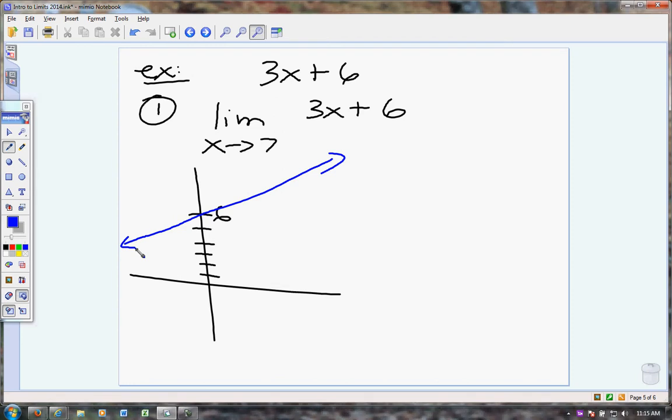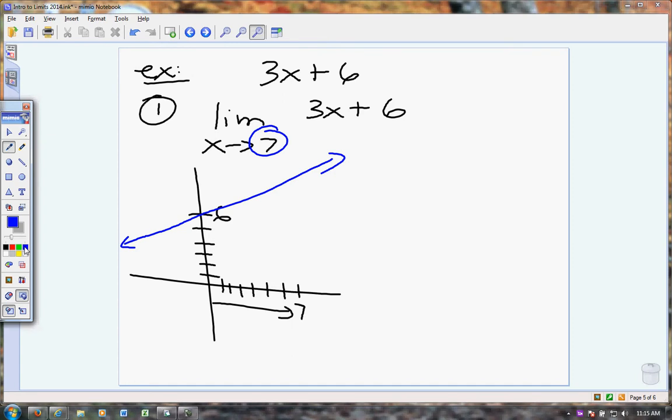We are wanting to know the limit of this function as x approaches 7. So down here is 7. If I wanted to know the limit of this function as x approaches 7, what would I do?